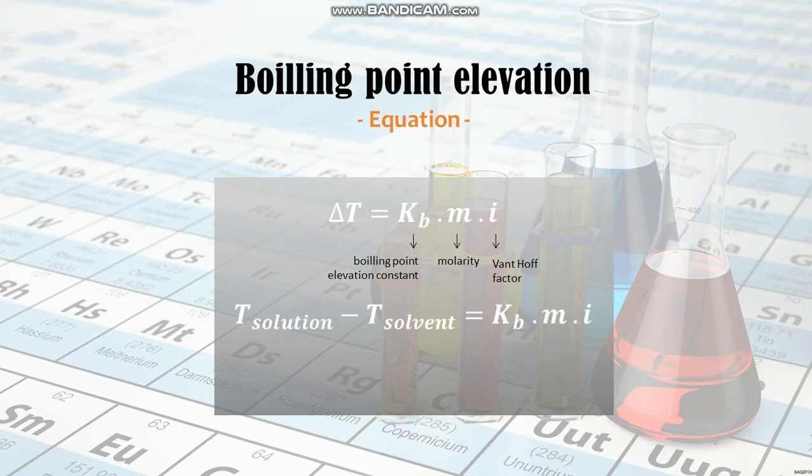Delta T is the temperature difference between the solution and the pure solvent, in this case pure water. Now, molality is defined as the moles of solute divided by the kilograms of solvent. So that's how you find molality.